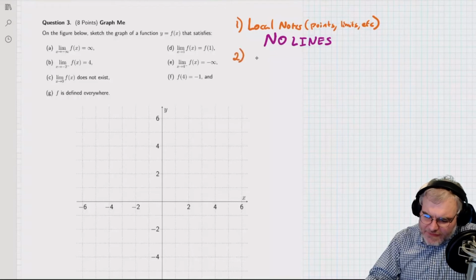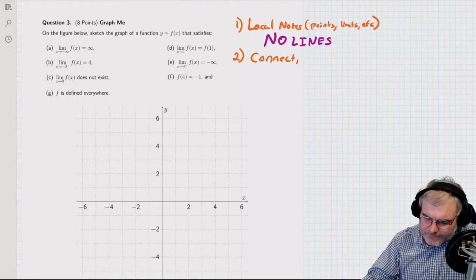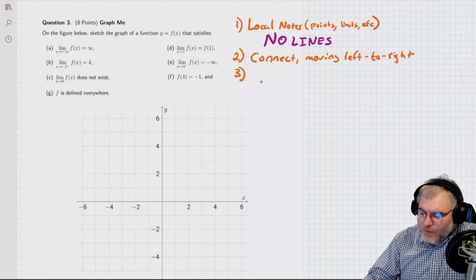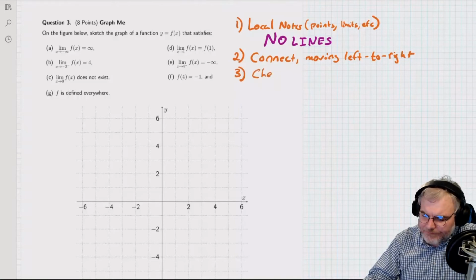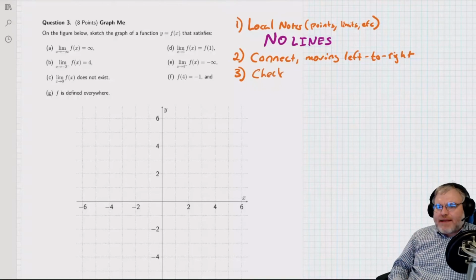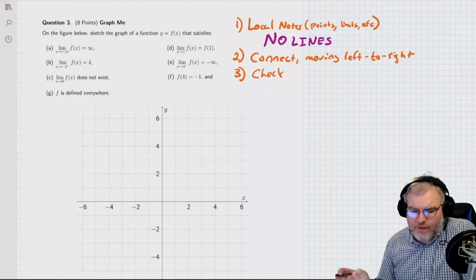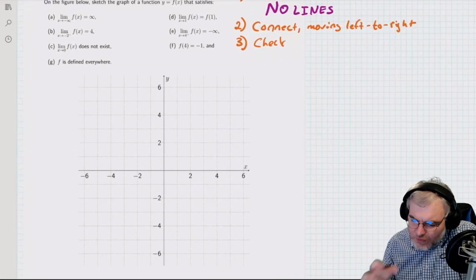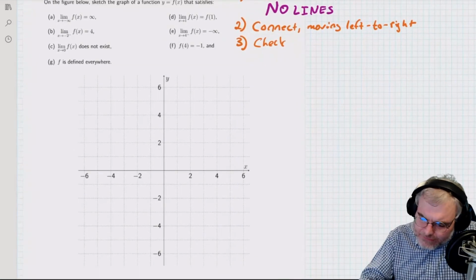The second thing is connect the dots. And the third thing I'm going to do is check. You kind of have to do all 3 steps. You can't do it all in one go. You kind of have to read, connect, make notes, and do it piece by piece.